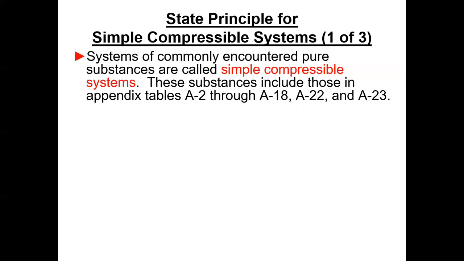Systems of commonly encountered pure substances are called simple compressible systems. And we got a bunch of tables, so you should look in the appendix, and I may pull it up here in a few minutes on the screen, but if not, look in your book at all of these different appendices, A2 through 18, 22, and 23.